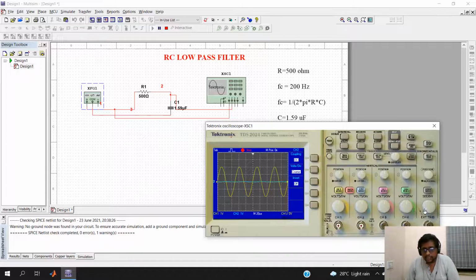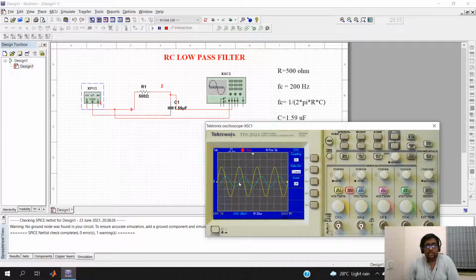And the phase shift also increases, and there is a 90-degree phase shift when you are going almost to 20 kilohertz. That is what we saw in the frequency response plot. As you go till 10 kilohertz, 20 kilohertz, the phase shift also increases slightly from 0 till 90.